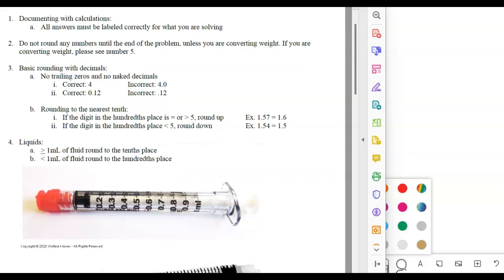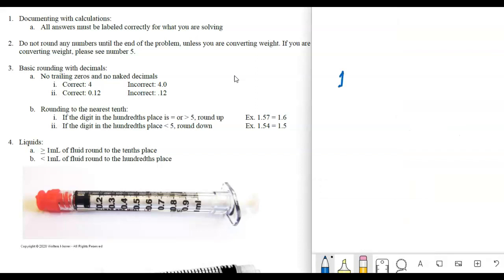Number 3, basic rounding with decimals. No trailing zeros and no naked decimals. Examples: a correct way of writing 4, as you can see here, is just 4. What we don't want to see, the incorrect way, is writing 4.0. Another example is, if your answer, like earlier, is 1 tablet, that's what we want to see.